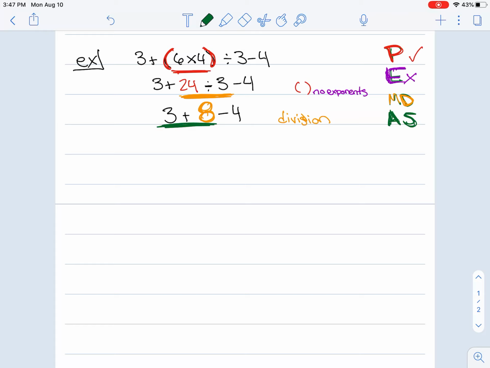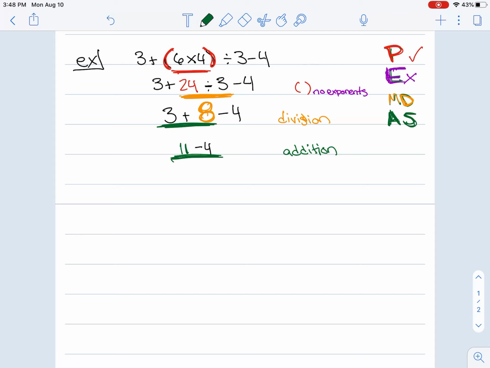That's my first thing. 3 plus 8 is 11. Minus 4. I bring that straight down. Should probably leave that black, sorry. That was addition. And now I have subtraction. So notice that I kept it green because the green represents my addition and my subtraction. I can have both of those things in here.